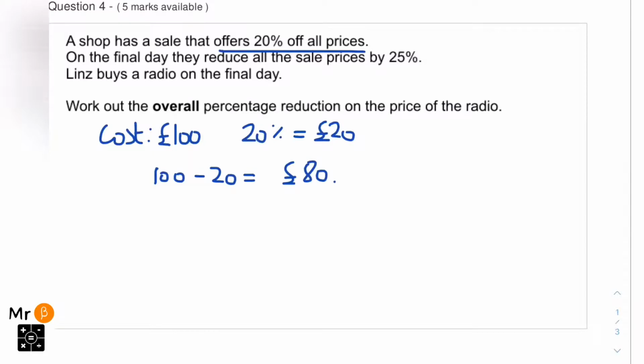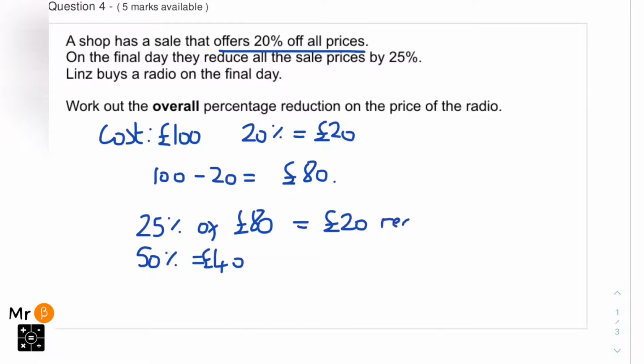Then it tells you that it reduces the sale prices by 25%. So we need to work out what 25% of our £80 is. Well, we know 50% is half, which is £40. So therefore 25% must be a £20 reduction.